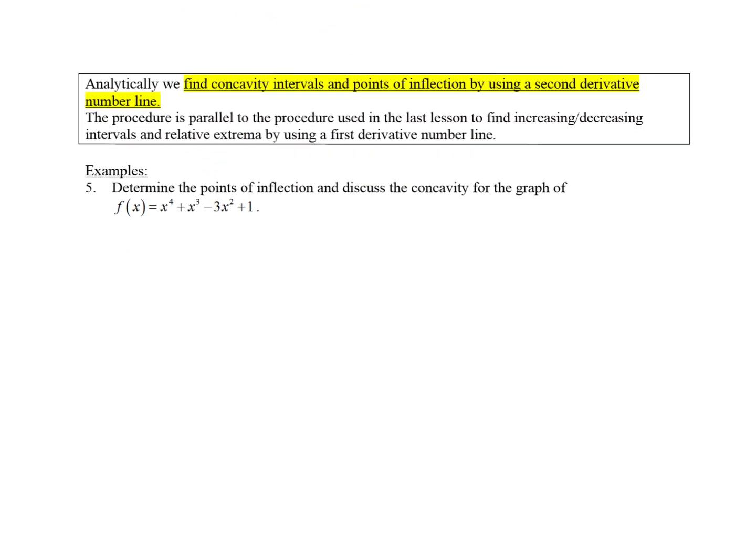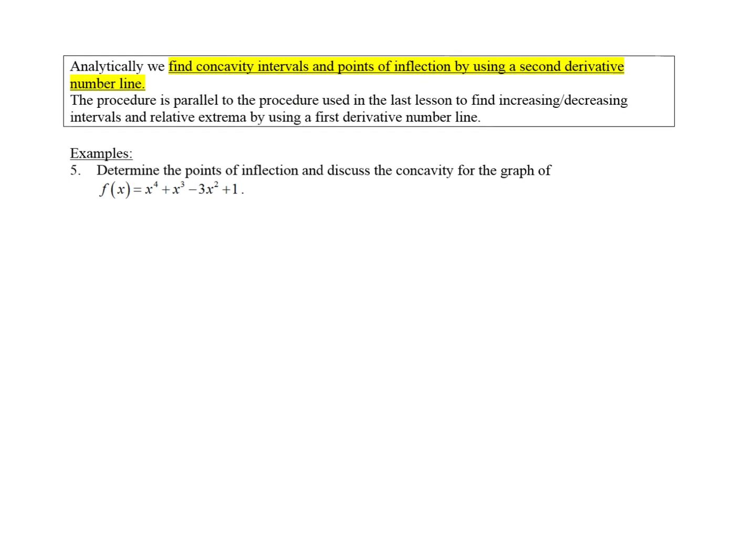All right, so analytically, we can find concavity and points of inflection by using the second derivative and doing a number line, just like we did the first derivative, to find increasing and decreasing. So again, you need the domain every time, and you need your critical numbers on your second derivative here. I don't believe they actually call them critical numbers, though, do they? Let me look.